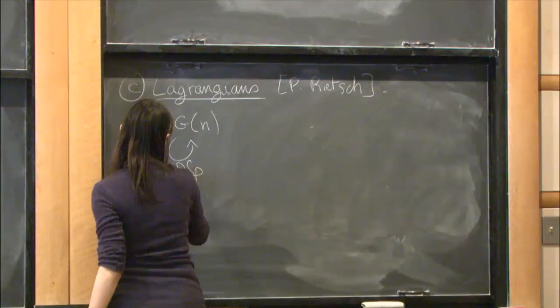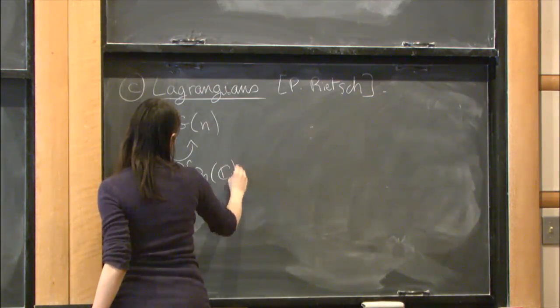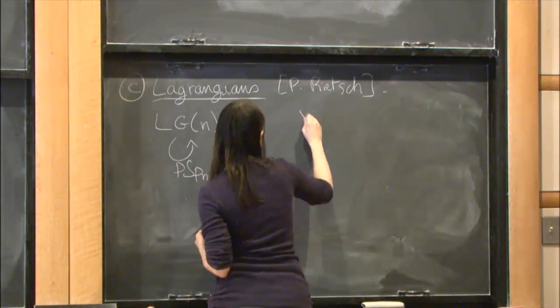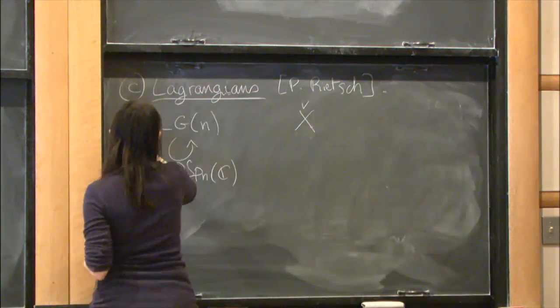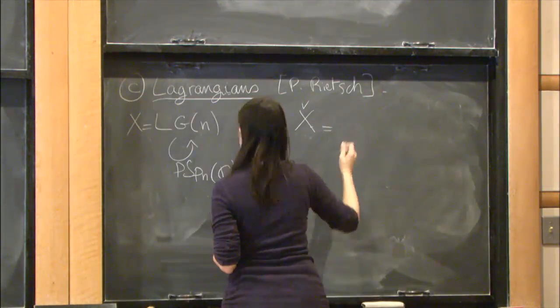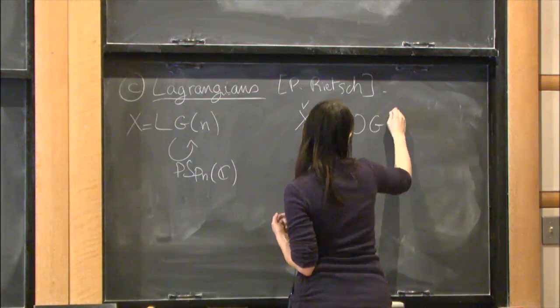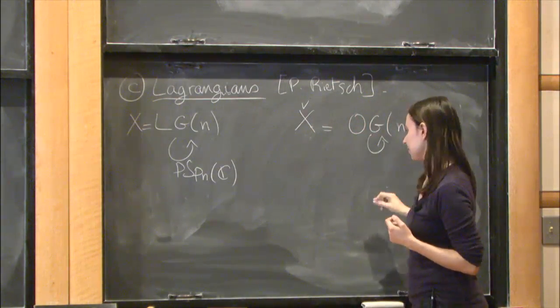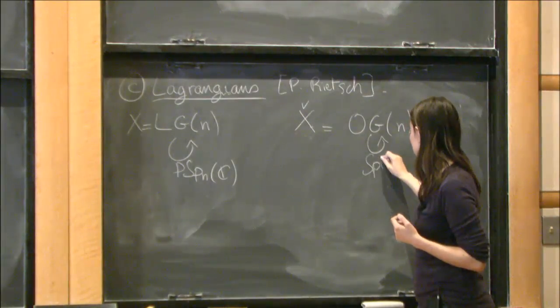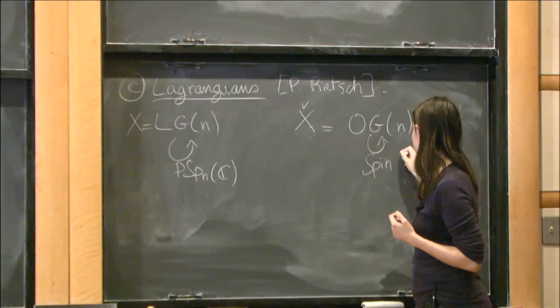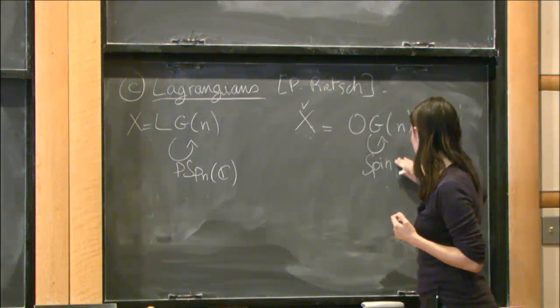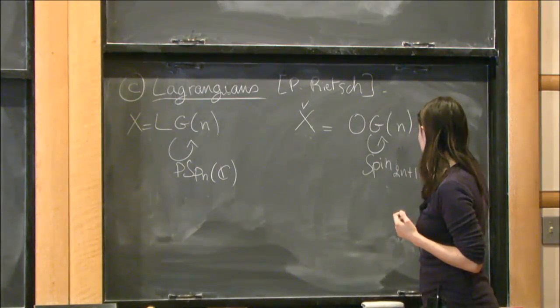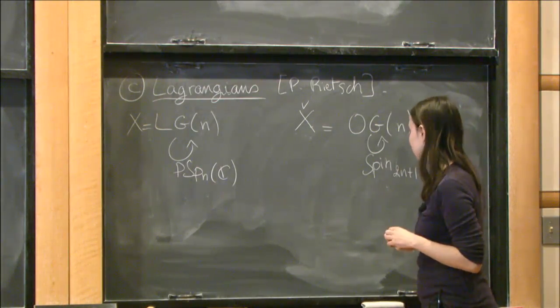Well, I can take my group to be PSp_n, and then the mirror, if that is X, the mirror will live inside something very different, which corresponds to an orthogonal Grassmannian with an action of the spin group.